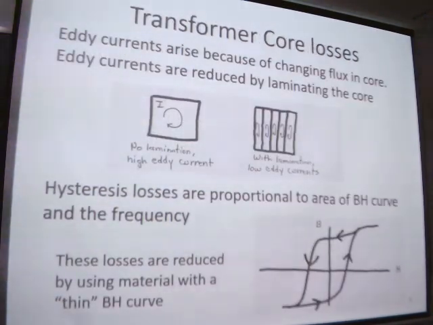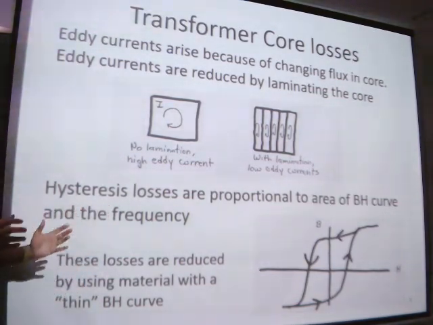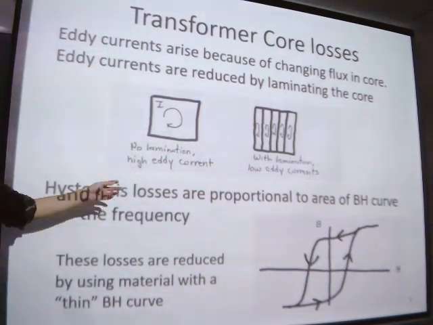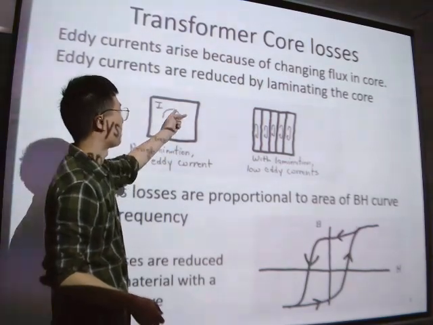And the second one is the eddy current. Okay, so eddy current results from the changing flux in the core, right? Because when the core is not laminated enough, there will be eddy currents.